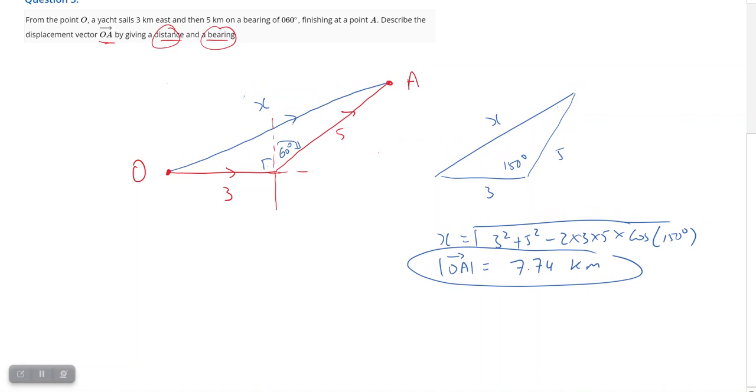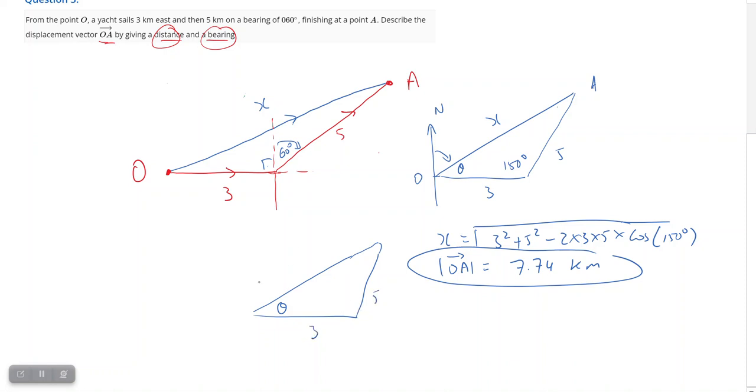Now, all I need to do is get the bearing. If I draw a 90 degree here, that's north. The bearing O to A is actually this bearing here. In order to do that, I need to find out what that angle is. I can work that out because I have 3 sides of the triangle.